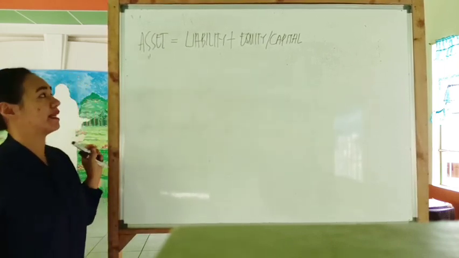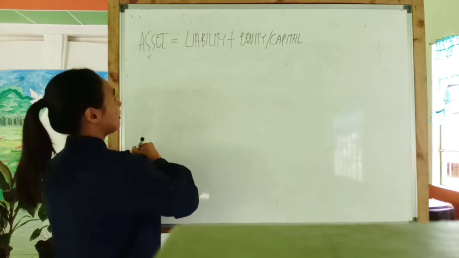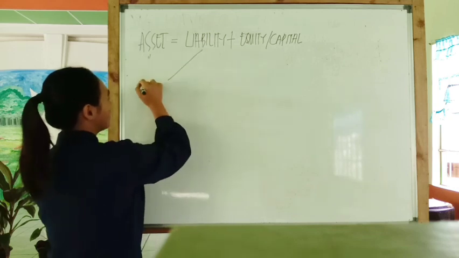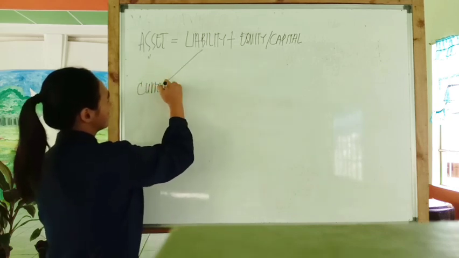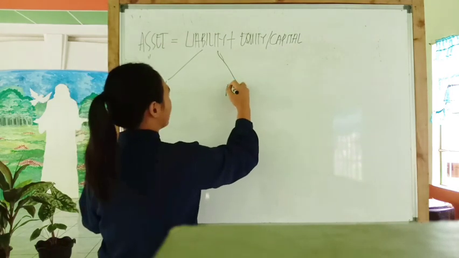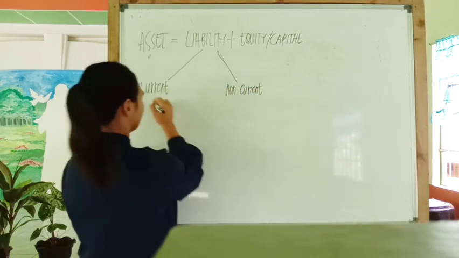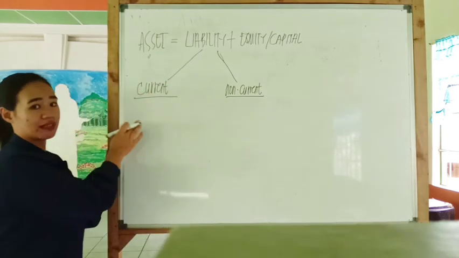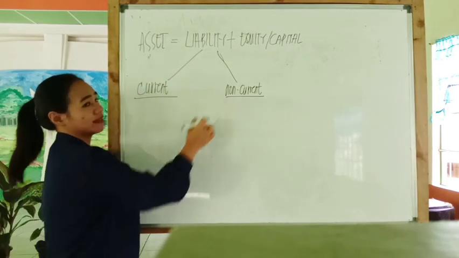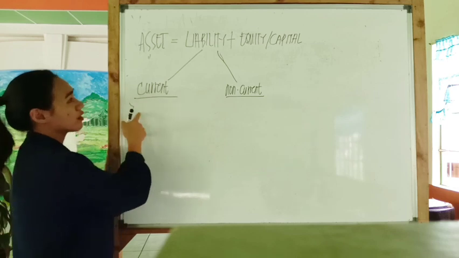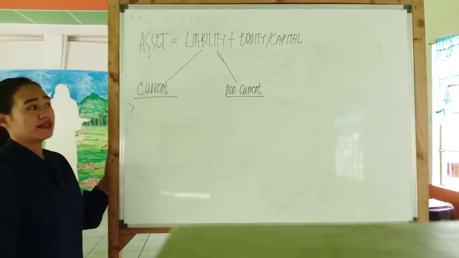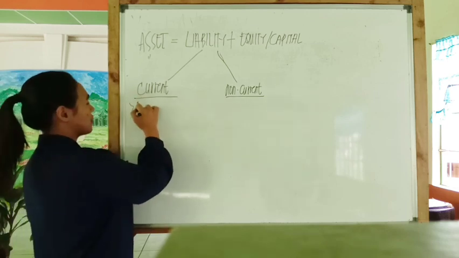your liability. Again, sabi natin sa liability, you have your current liability and then non-current liability. The most common example for your current liability is accounts payable.